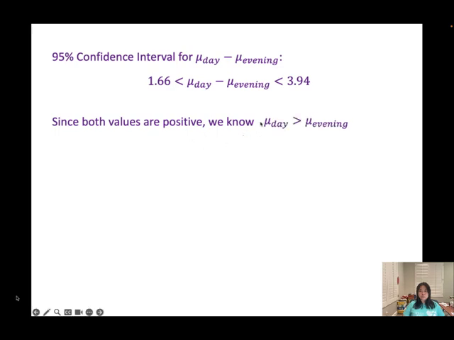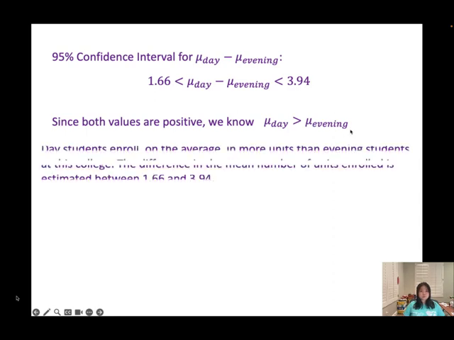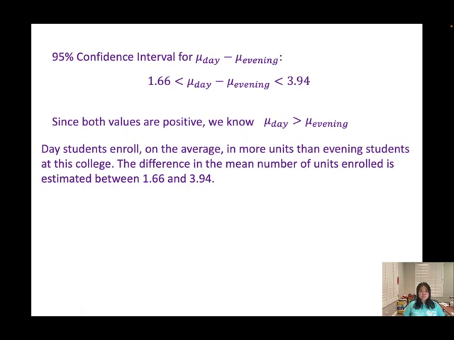Okay, this is from the table here. Both of the values are positive, so the mean of the day students will be strictly greater than the mean of the evening students. So day students enroll on average in more units than evening students at this college.